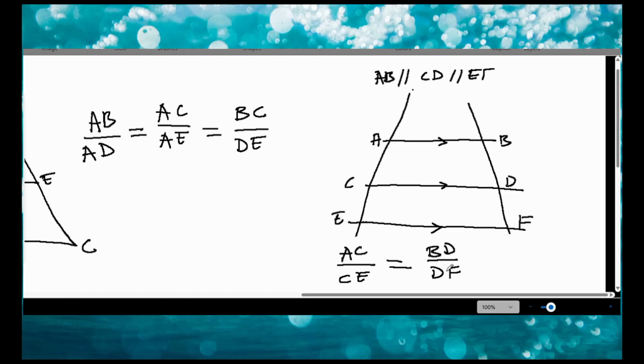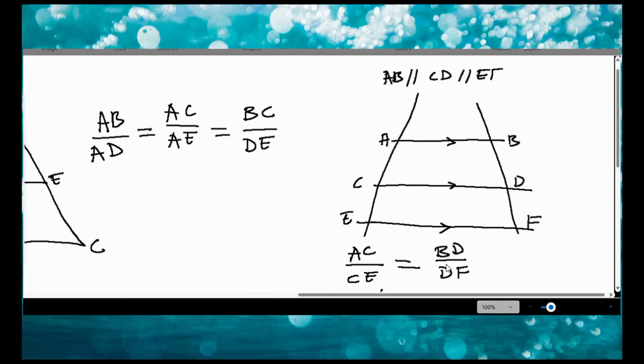If we extend this line and this line, definitely they are going to meet to form the triangle, but it's been truncated. Once we can see that this shape is actually a triangle which has been truncated, but is having AB being parallel to CD as well as EF, then we can apply the Thales Theorem to it.